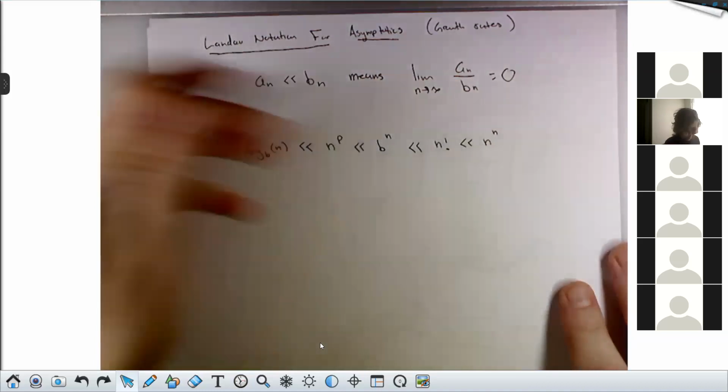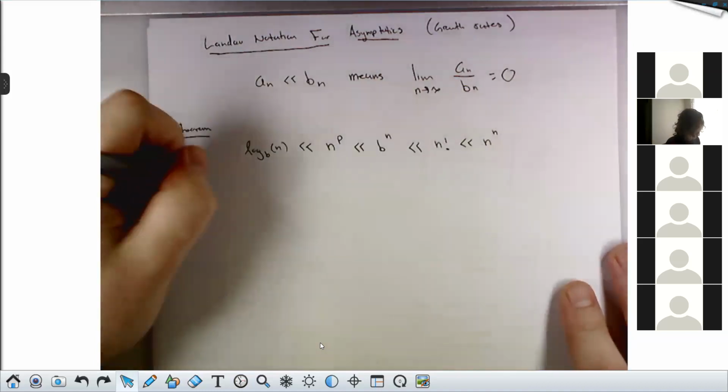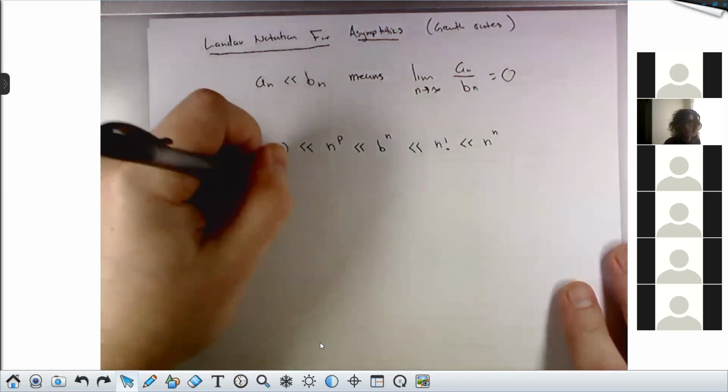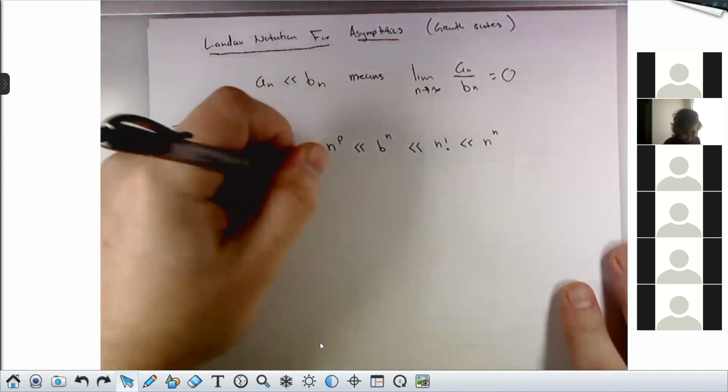Here, p is positive, and b is bigger than 1.